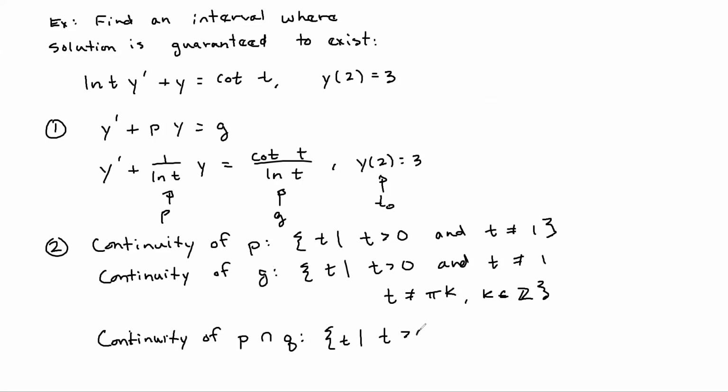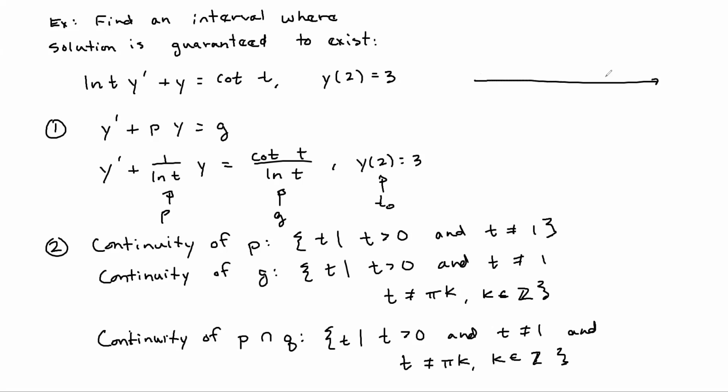So we're going to have t greater than 0 and t not equal to 1 and t not equal to pi k, where k is an integer. Okay, and then finally we can go through and do the number line.